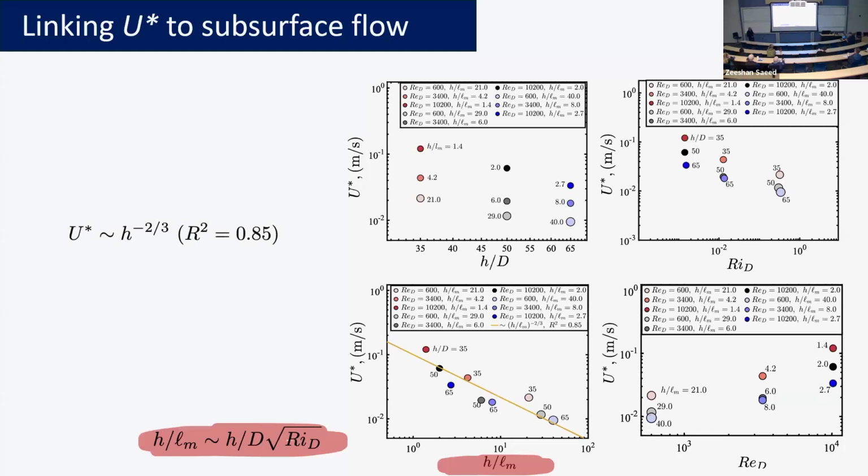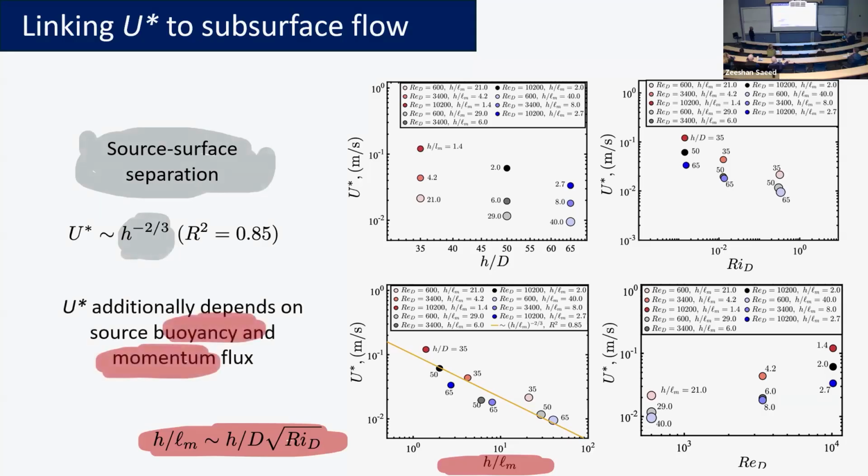So again, the coefficient of determination for this power law is pretty decent for experimental data. It decays with the source-surface separation. So the farther the flow has to go, the more it will decelerate because it is entraining the ambient surrounding fluid. Okay, so reiterating the point, this characteristic velocity scale additionally depends on the buoyancy and momentum fluxes.